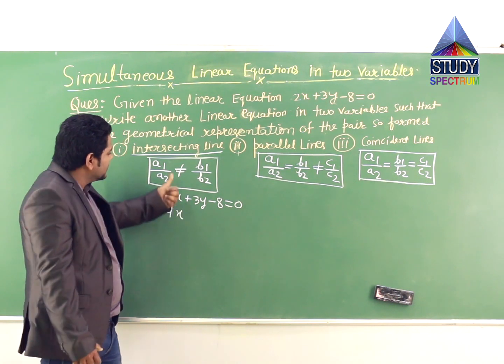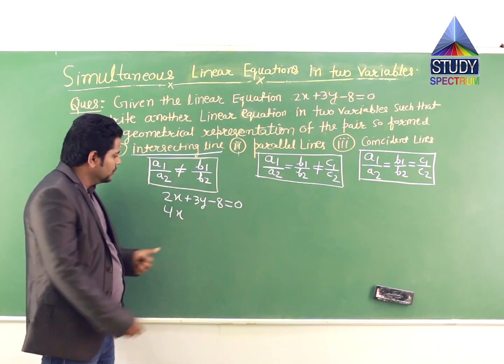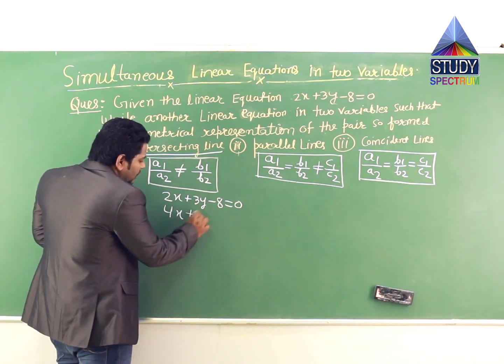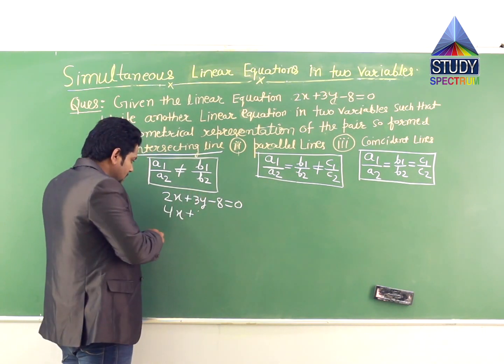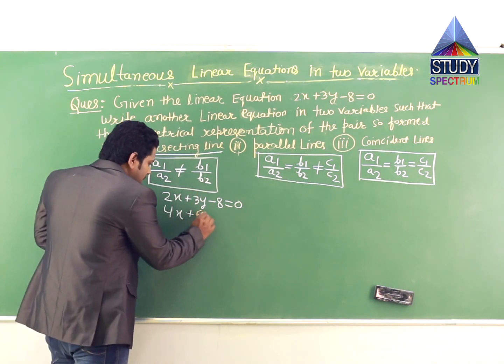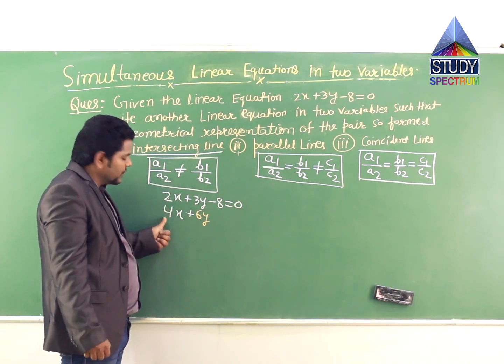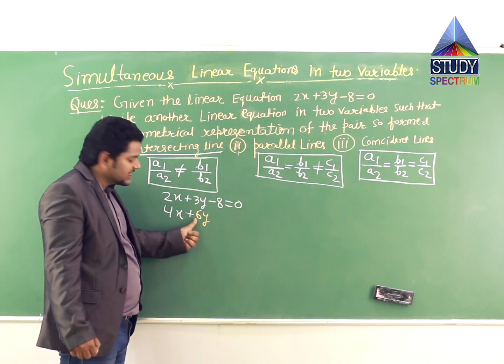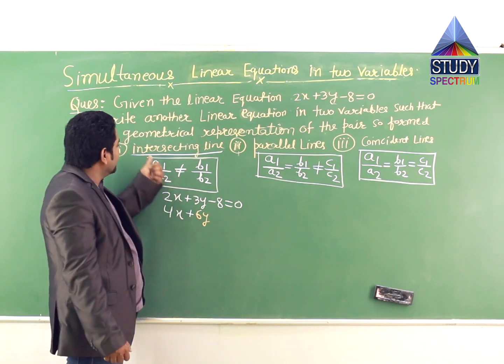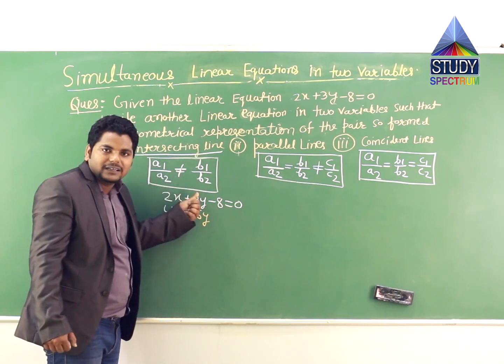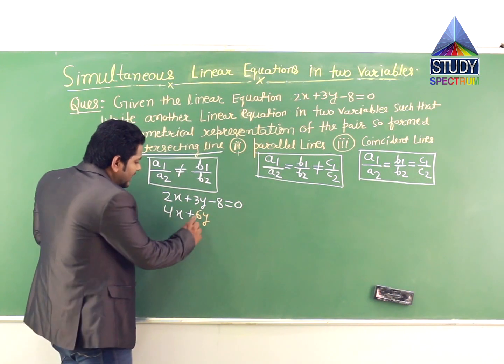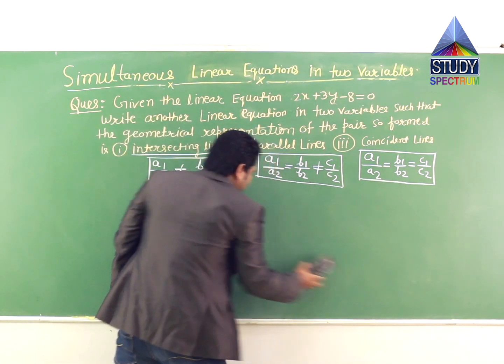This ratio of the y coefficients should not be 1 by 2, so we will not write 6 here. Why not 6? Because 2 by 4 is 1 by 2, and 3 by 6 will again be 1 by 2. But for intersecting lines the ratios should not be equal, so we will take any number other than 6.